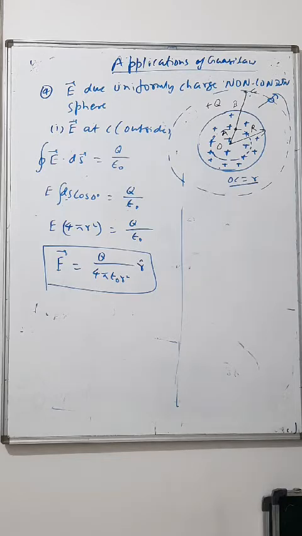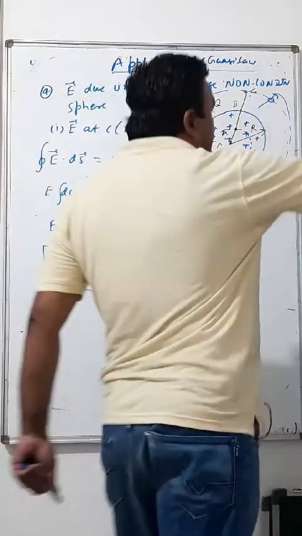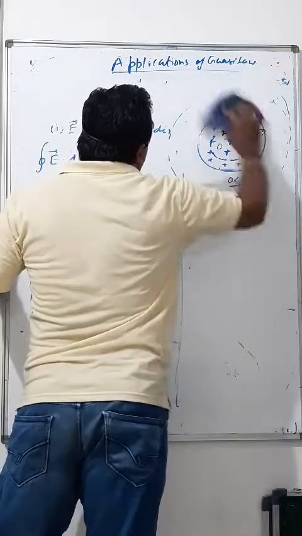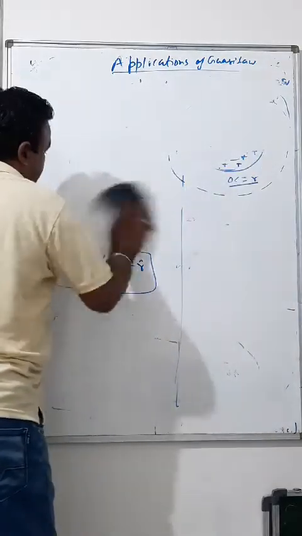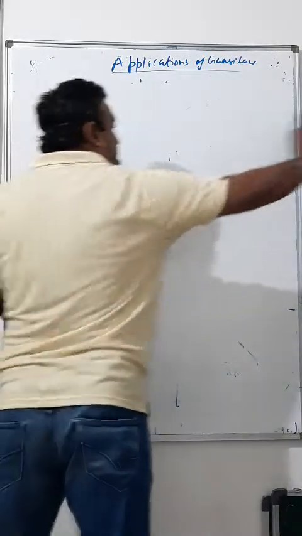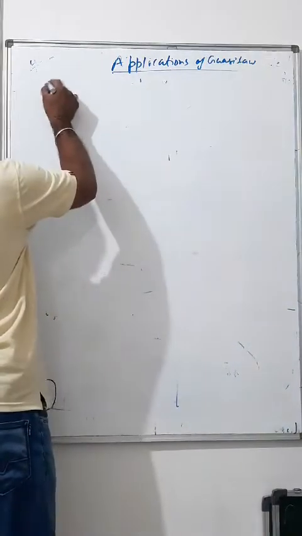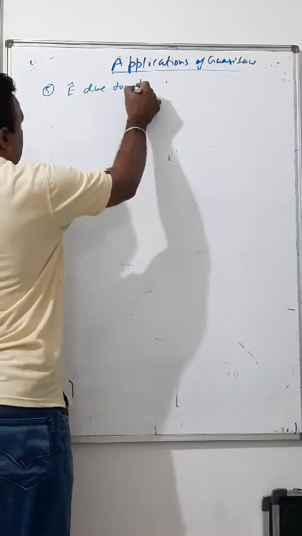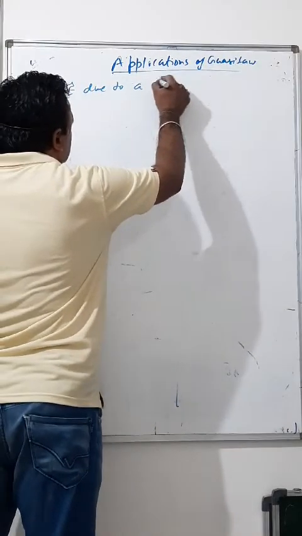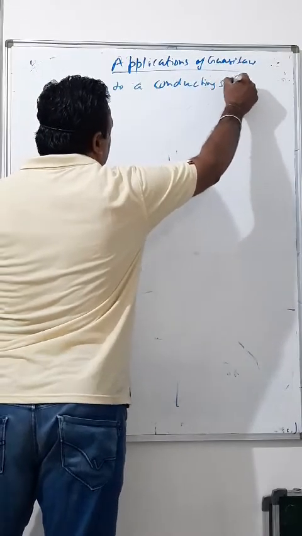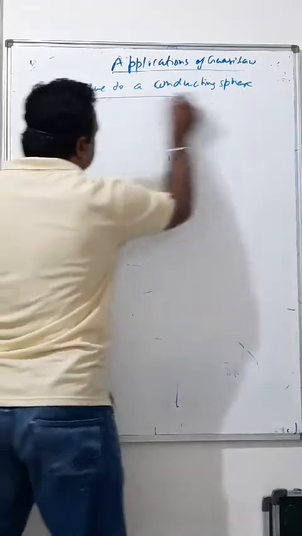Now there is a last derivation according to your NCERT syllabus. That is E due to a conducting sphere.